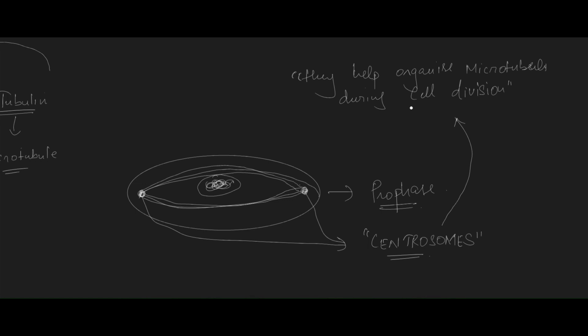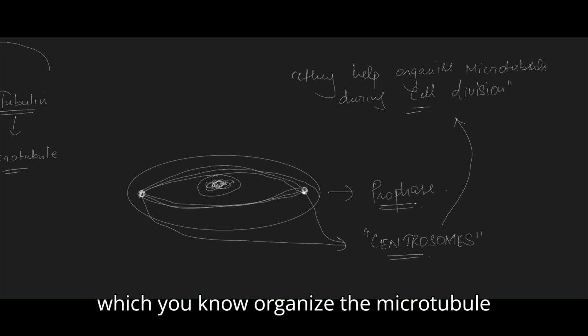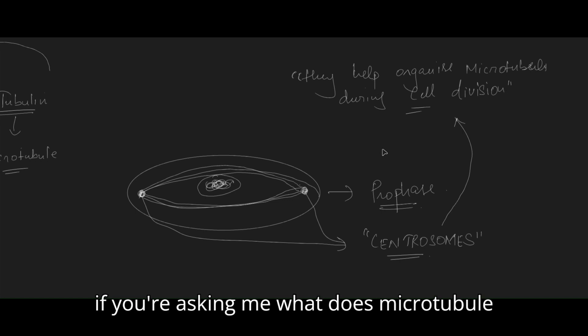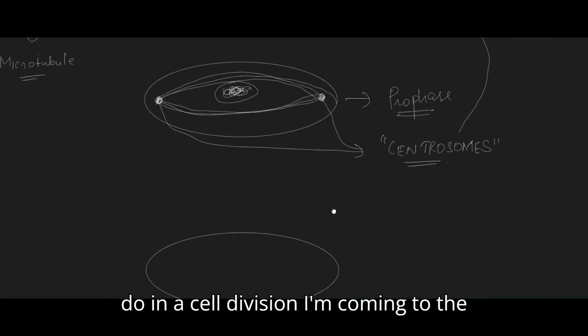This is the most simplified definition. So they are just structures which organize the microtubule. Now if you're asking me what does microtubule do in cell division, I'm coming to the point.